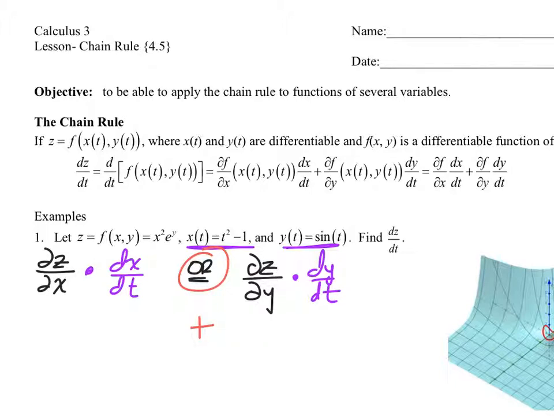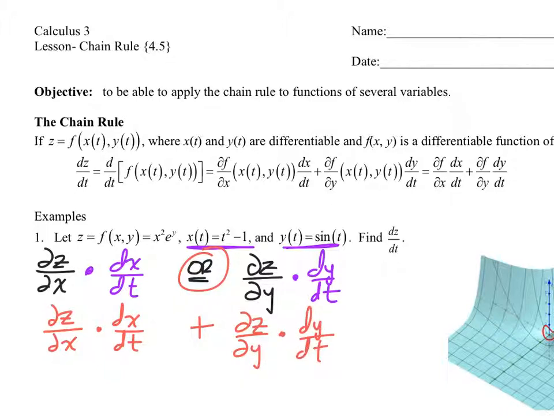It's the same idea here, right? So I'm going to take the partial with respect to x, multiply it by the derivative of x with respect to t, and then add to that the partial with respect to y, multiply that by the derivative of y with respect to t.